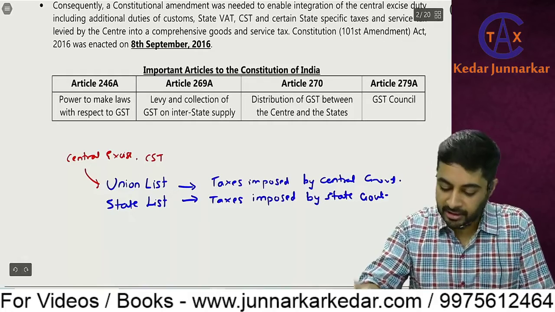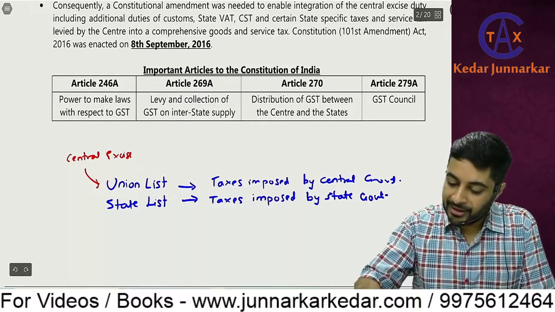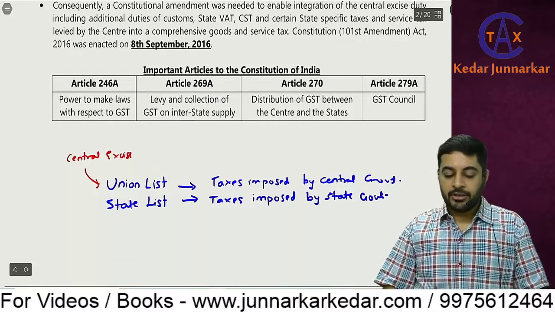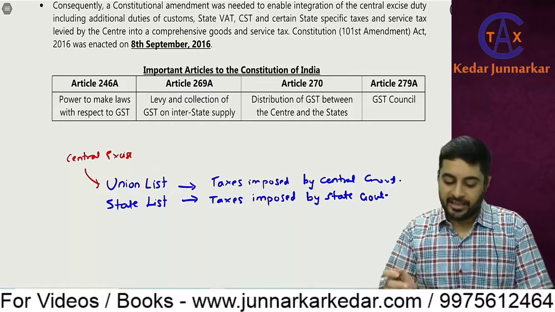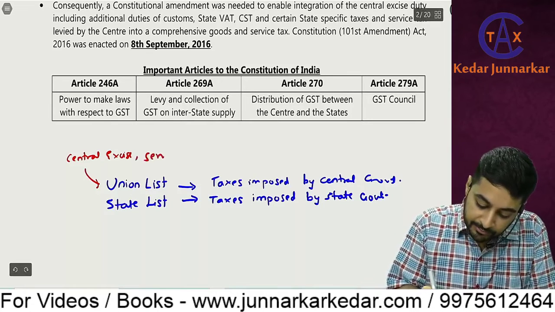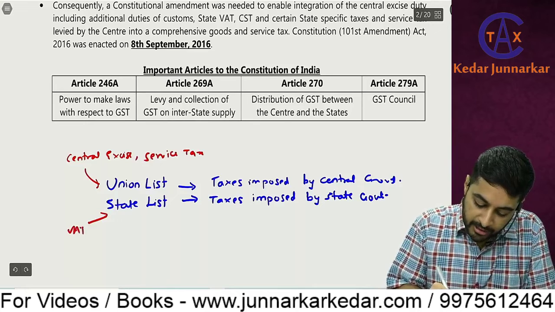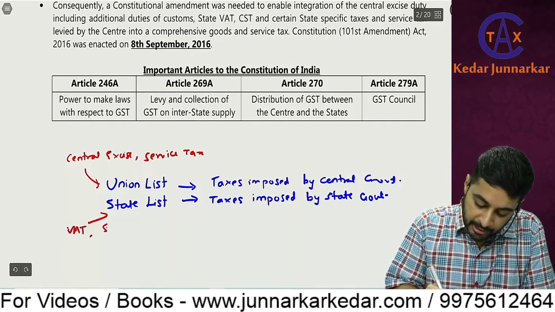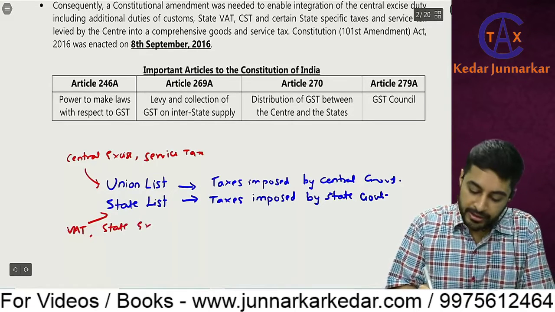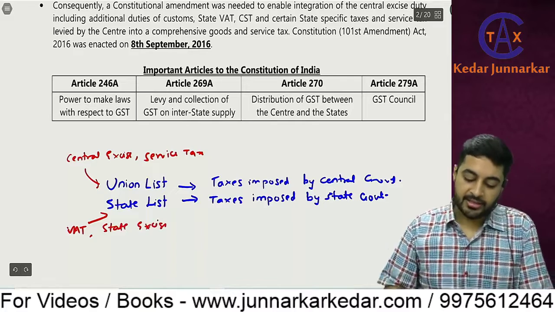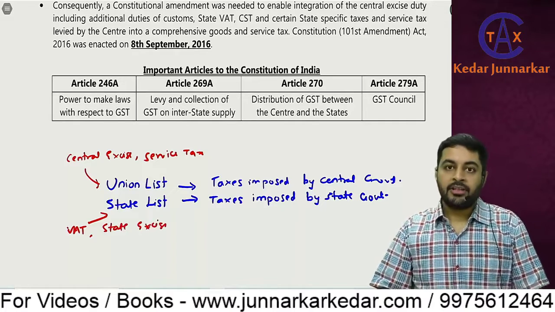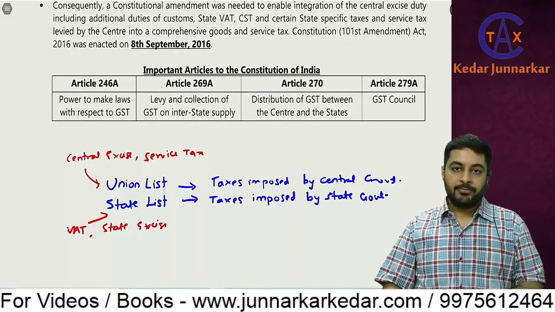So we'll just kick out this CST from here, even if it was part of union list still. Okay, central excise, then service tax, then VAT was state list, then state excise. On alcoholic liquor there was state excise. So now in GST what has happened?